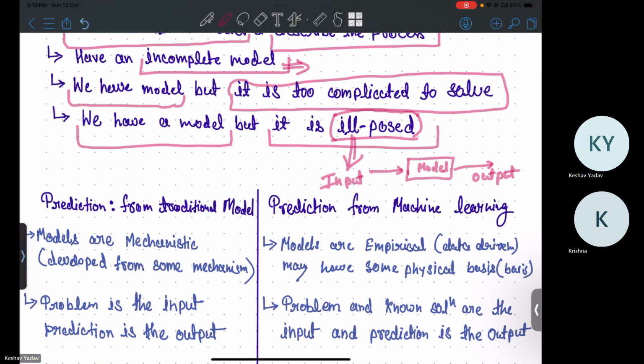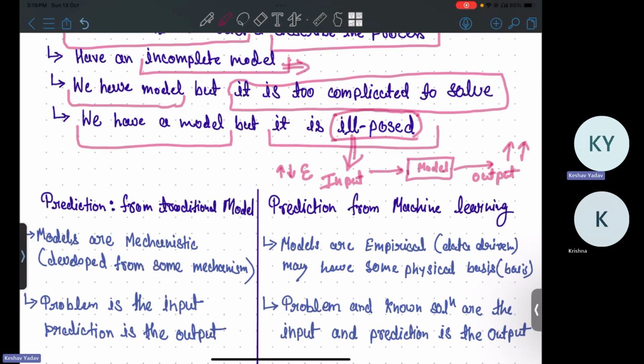Now, if we perturb the input, meaning we increase or decrease the input by a small value epsilon, and the output increases or decreases drastically, then this problem is said to be an ill-posed problem.